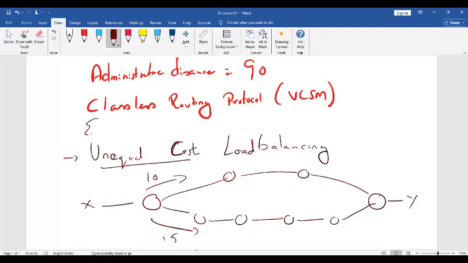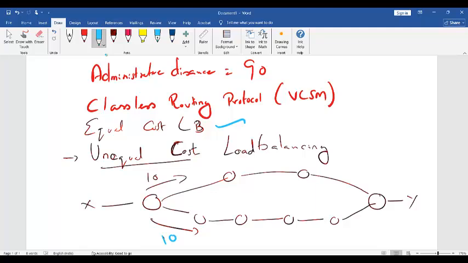See, equal cost path load balancing is supported on every IGP protocol. Let's say I have 10 here also. Then load balancing is by default supported.